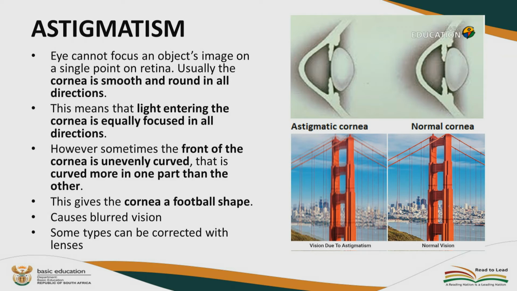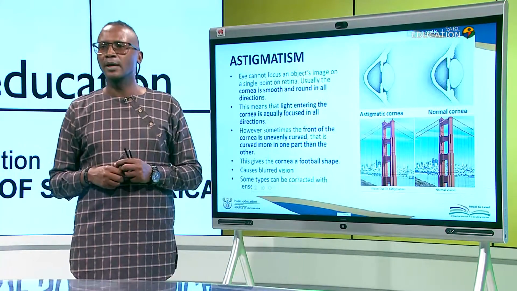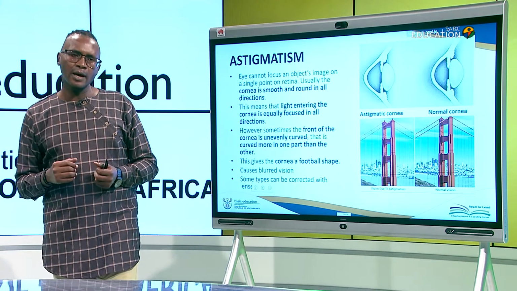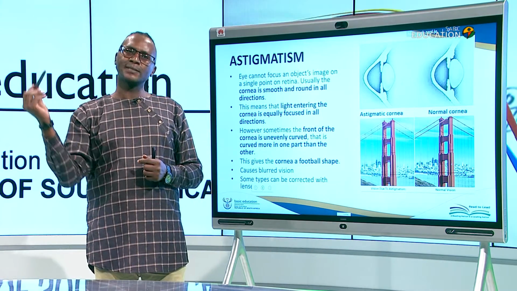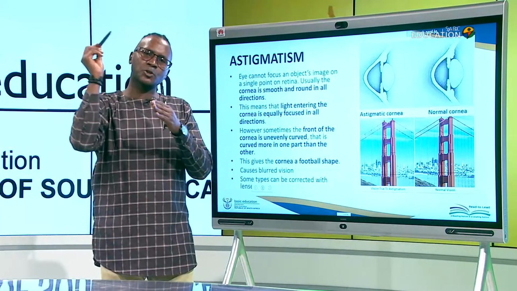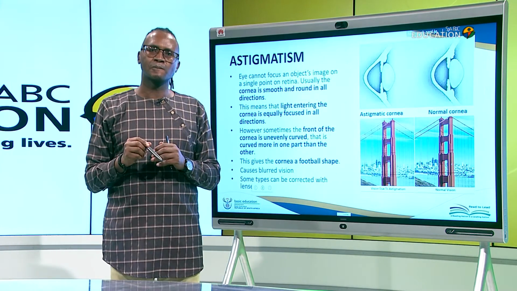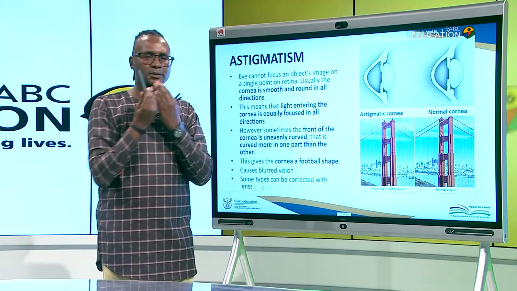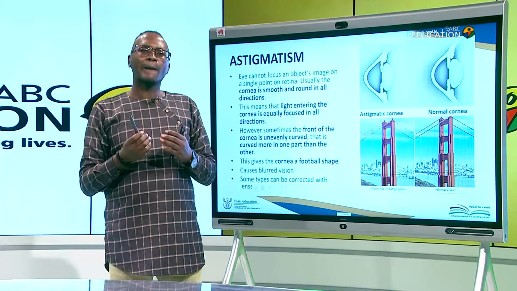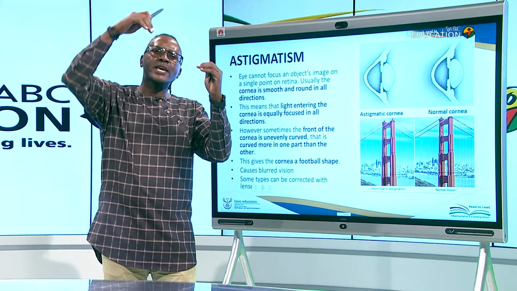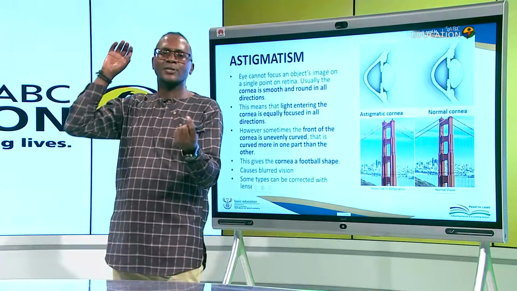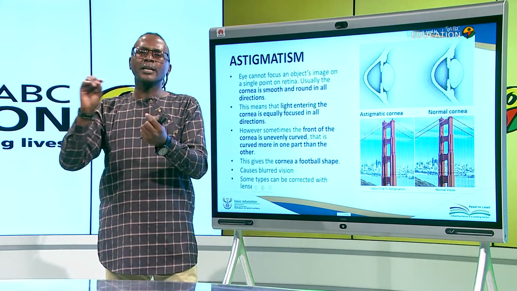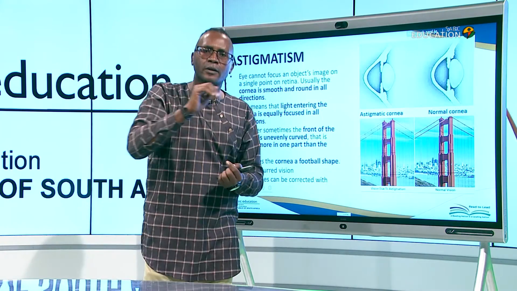The third deficiency of the eye is astigmatism. Remember, the cornea is bulgy in front and is transparent, and it allows light to pass. But now once the cornea is uneven, that means when the light strikes the cornea, it's striking a surface that is uneven.